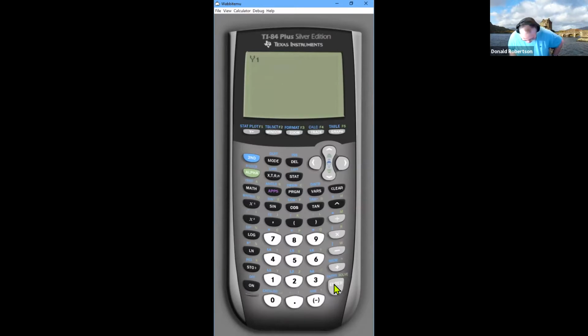Right, now you see that? I am going to be doing the value of the function at 5 and at 1. And that means, and I just realized I have to do something first, that it's going to go bracket, variable, Y1.